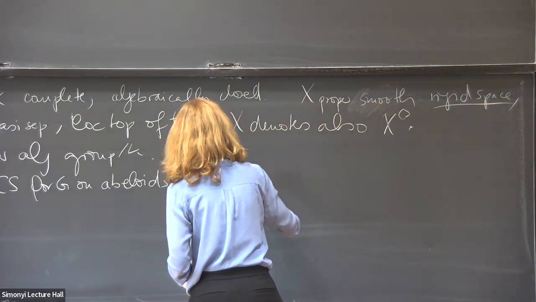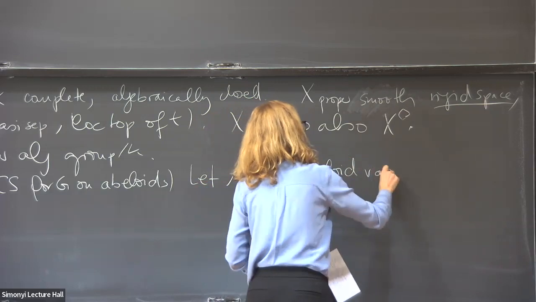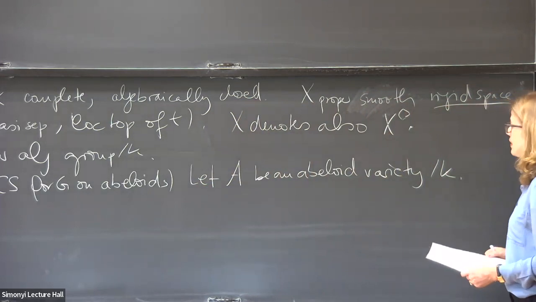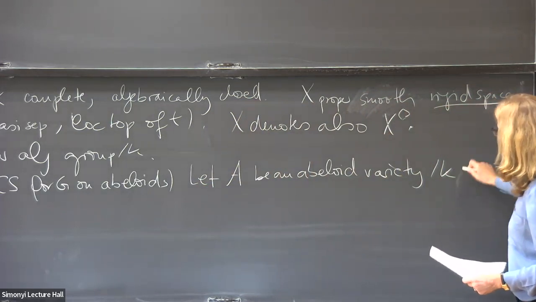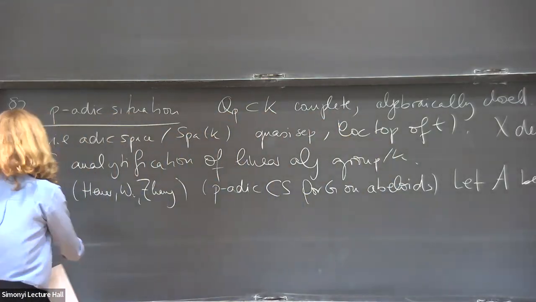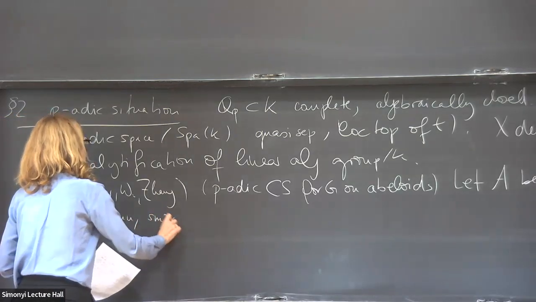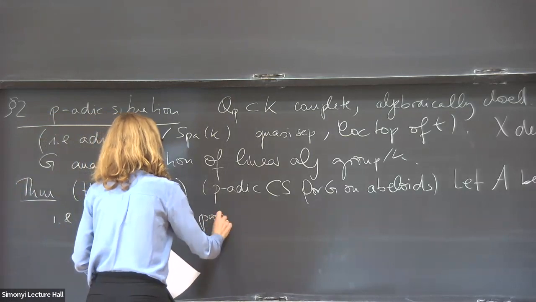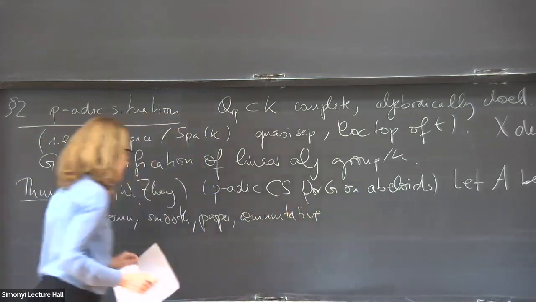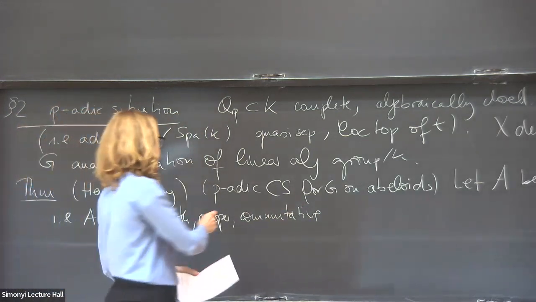So we take an abeloid variety. Abeloids are the rigid analytic cousins of abelian varieties. Every abelian variety over K gives you such a guy, but since these are connected, smooth, proper, commutative rigid group varieties, you might find rigid analytic ones which are proper but not projective, which do not come from the algebraic world.